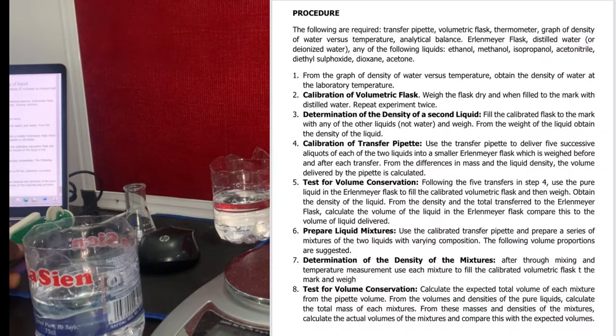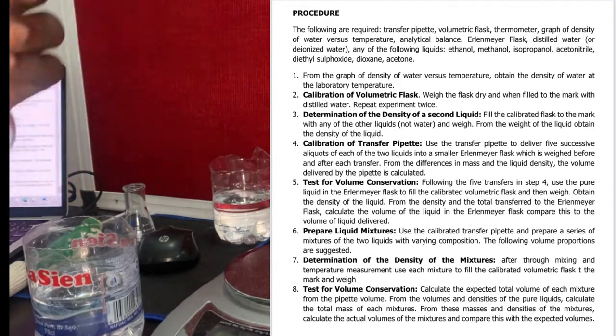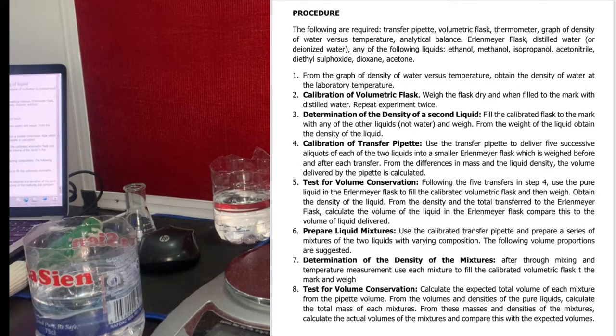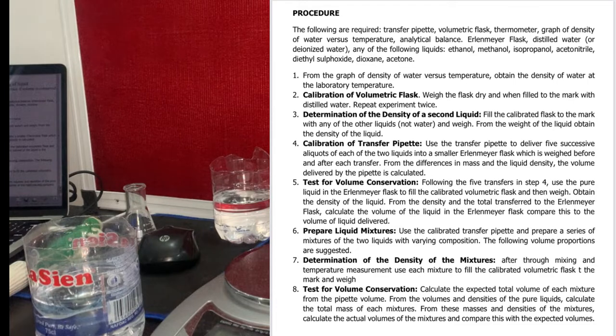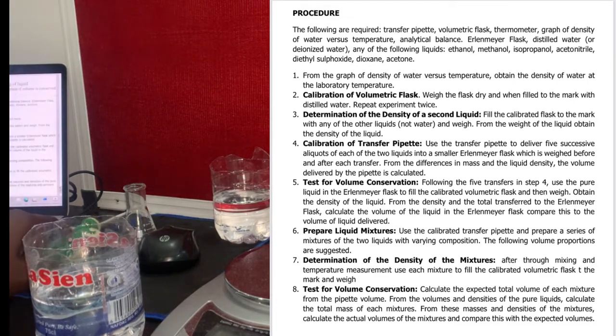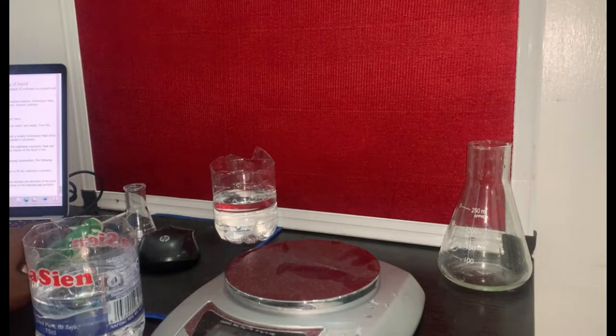Procedure 3 said fill the calibrated flask. Remember, we have earlier calibrated this from our calculation, right? Fill the calibrated flask with any other liquid, not water. In this case now, any other liquid we are using here is ethanol. Remember I said this particular any other liquid in the lab, they might decide to give you acetone, right?